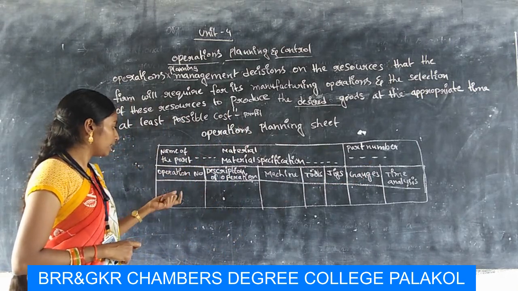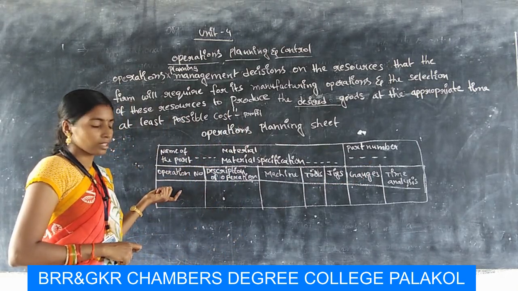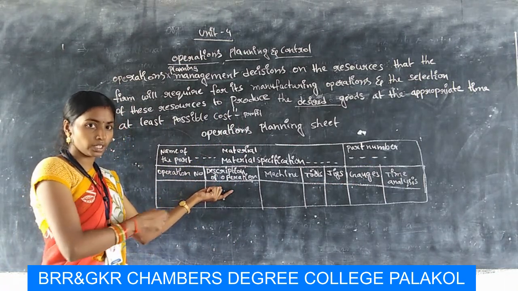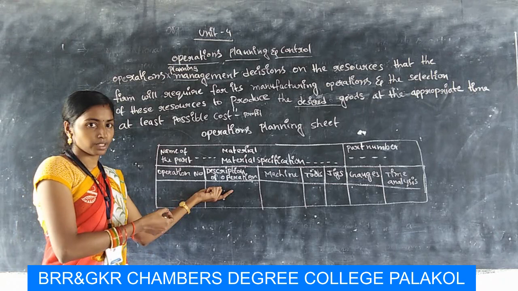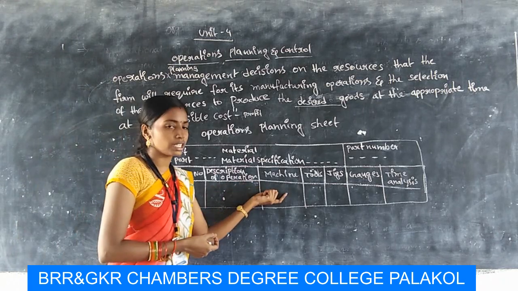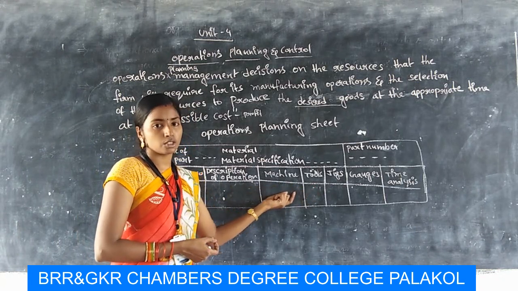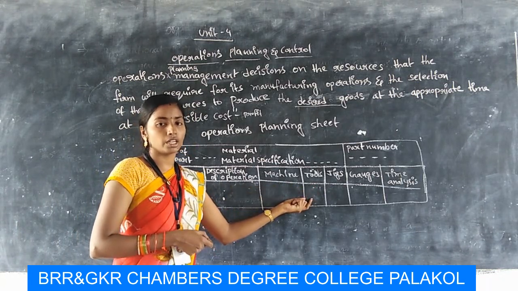Next, operations number. Next, description of the operation, what you are doing to those resources. Next, machines, what machine you are using. Tools, not only machines, tools and equipment are also used in the production process.